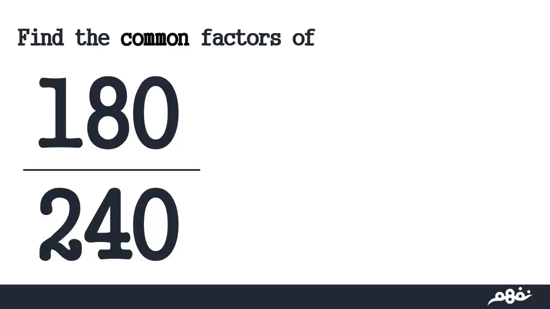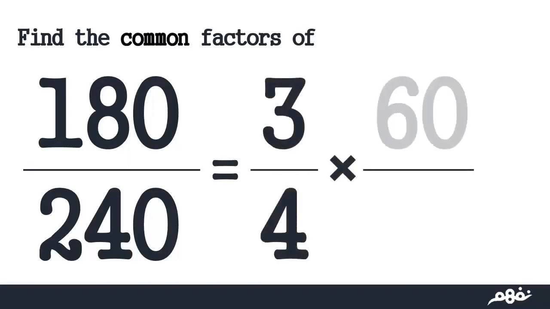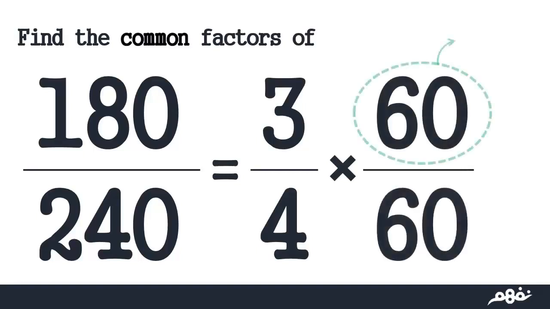So the remainder is 3 and 4. So 180 over 240 equals 3 over 4 multiplied by 60 over 60, which actually equals 1. But 60 here is a result of multiplication of the common prime numbers. So 60 is called the HCF, or the highest common factor.